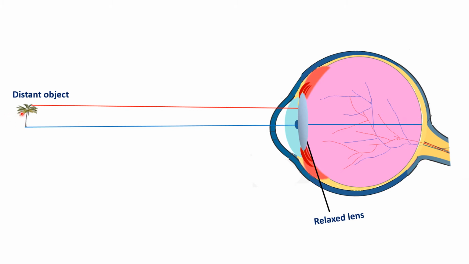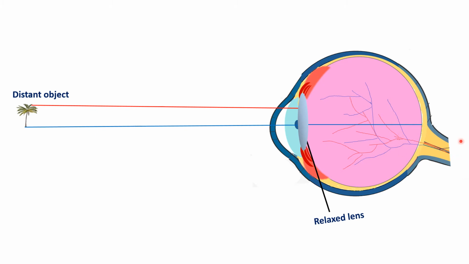But here the object is a distant object only, but it is not at infinity. Here the ray is not parallel to the principal axis. You don't get confused. Why? Because the focal point of this lens is here, and after refraction this ray is not passing through the focal point. No, this ray is not parallel to the principal axis.